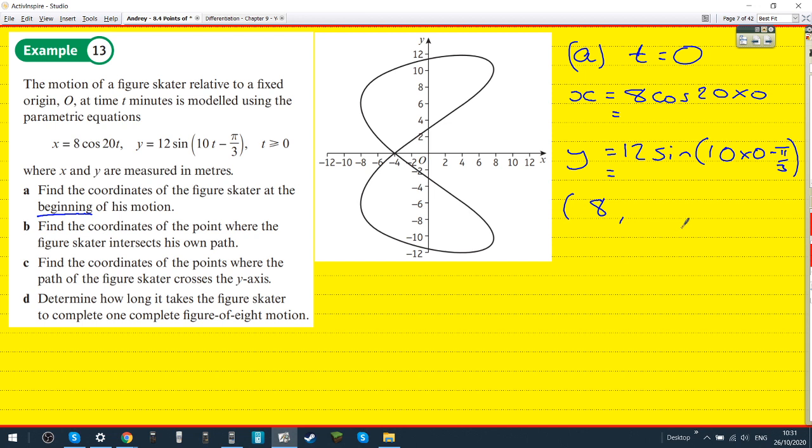And my next one I got a pretty weird answer. I got like minus 0.21, minus 0.22. Change to radians.